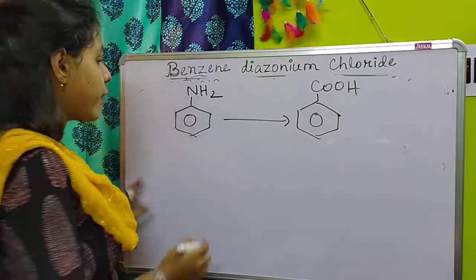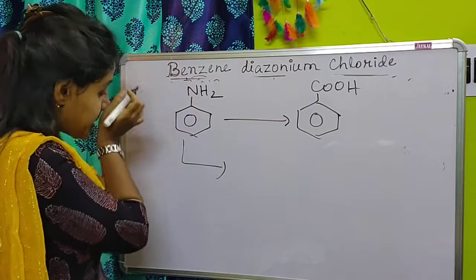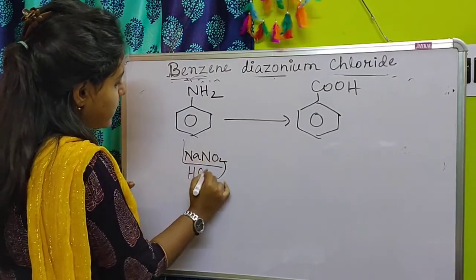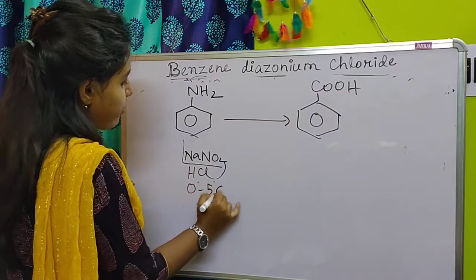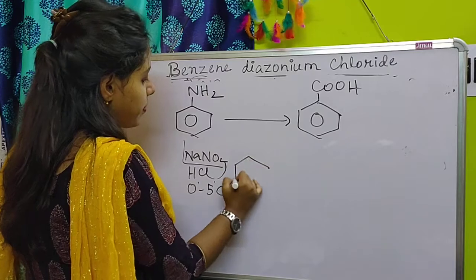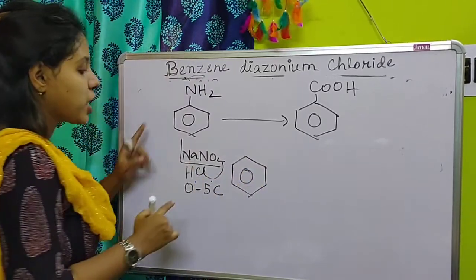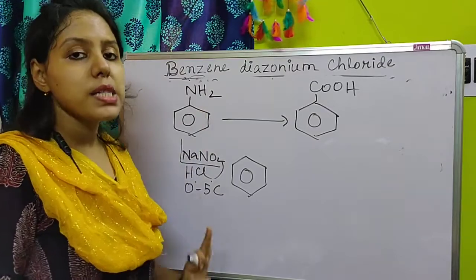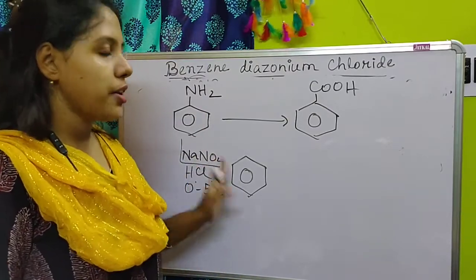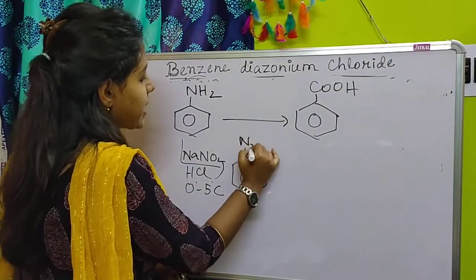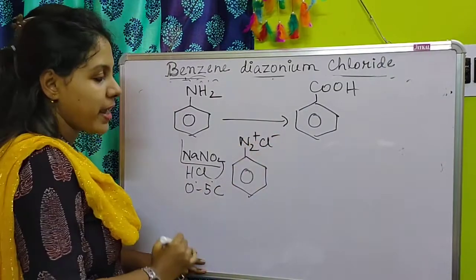For this purpose, we add nitrous acid or sodium nitrite in presence of HCl at 0 to 5 degrees Celsius, the diazotization reaction. The preparation of diazonium chloride from aniline is known as the diazotization reaction, which we discussed earlier today. So here we get N2+ Cl-.